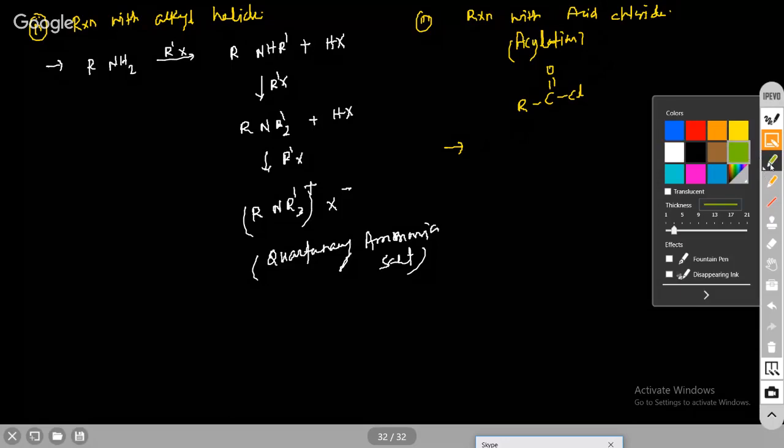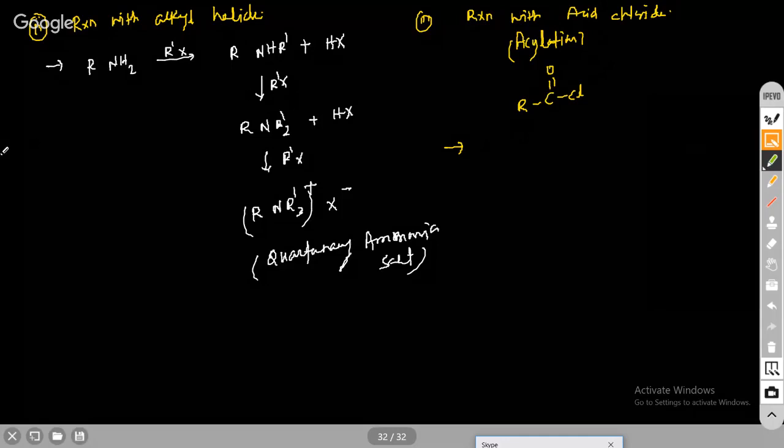Suppose I give you this compound, CH3 C double bond O Cl. What is the name of this compound? The suffix is oyl halide.